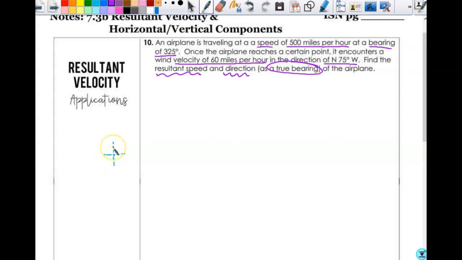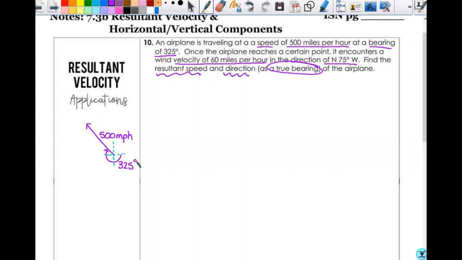So if this is 360, I can back up about 35 degrees. It's about right here. So here's my 500 miles per hour. Right? And this is my 325 degrees.